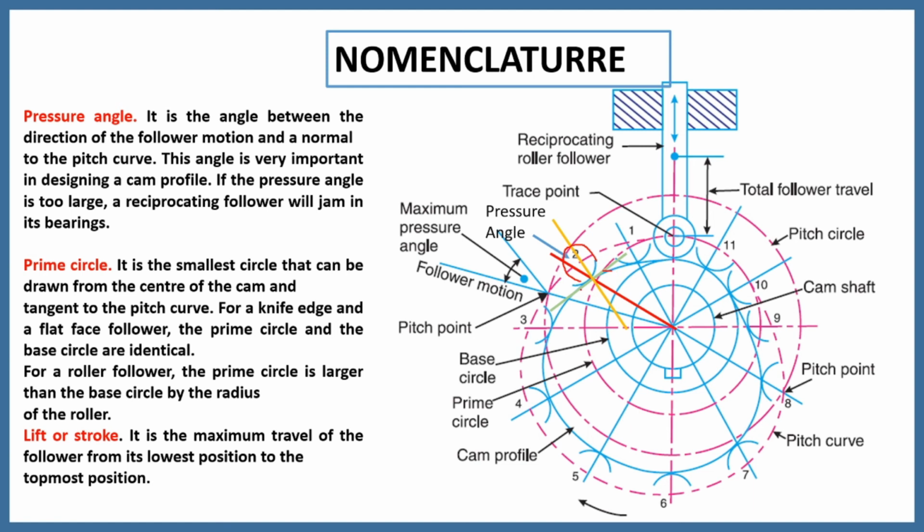We have to draw one tangent line at this location, and then draw one common normal to that tangent, a line which passes through and connects to the center of rotation. The angle made by this common normal with this radial line is called the pressure angle.